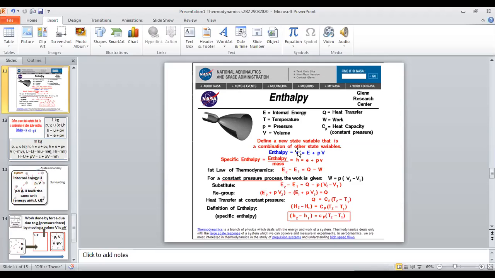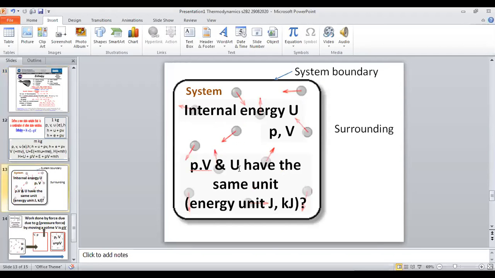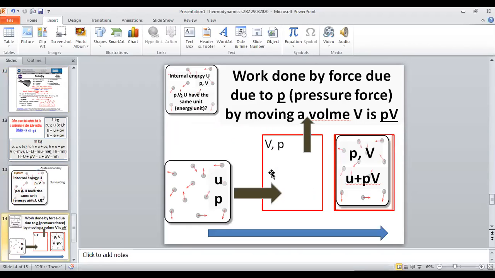In open systems, H matters the most in the calculation. Even in compressors and engines, we will be using H. Now, we move forward. So U and T have the same values, and why do we need U plus PV? So this is the slide.